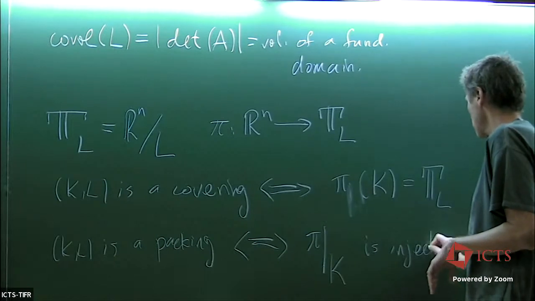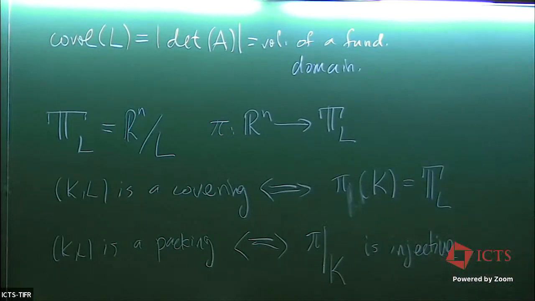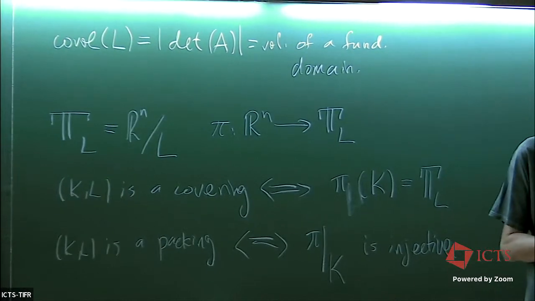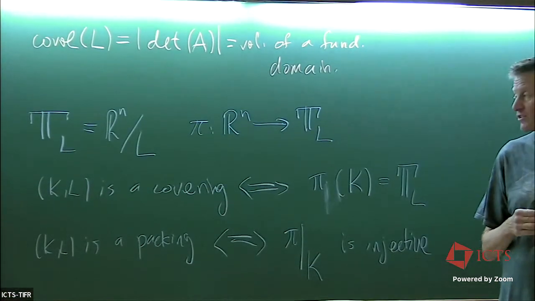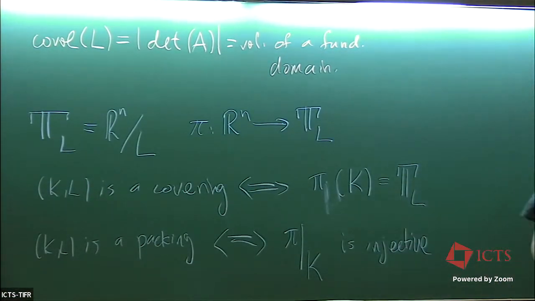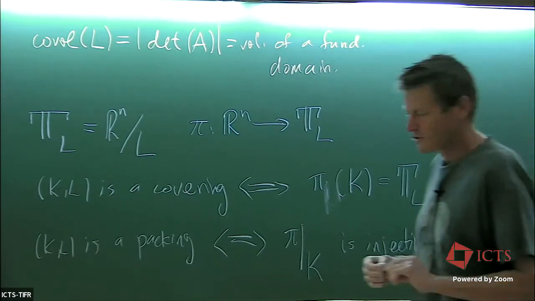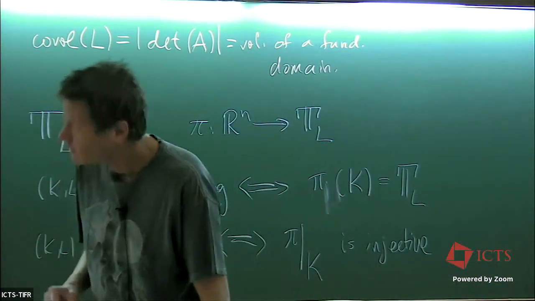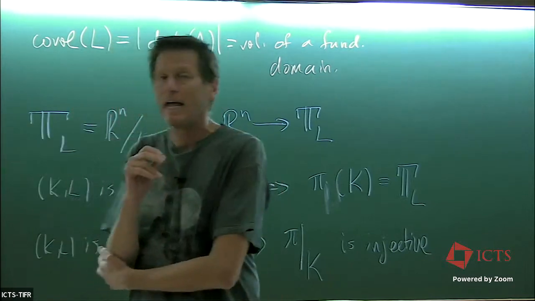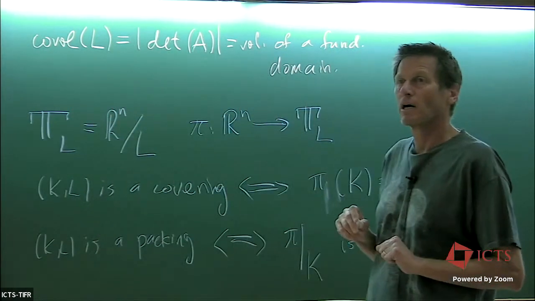So in other words, when you're packing, this function n assumes only values 0 and 1, and you're covering when this function n always assumes values at least 1, and that's equivalent to these two things. And so with these notations, I want to give a formula for that average covering number.